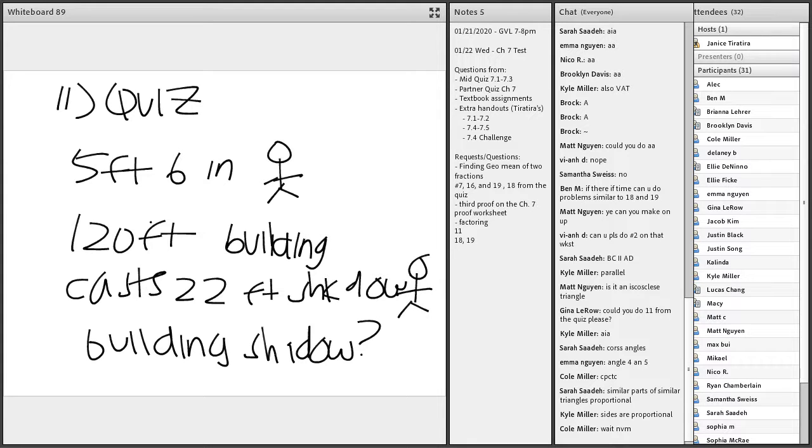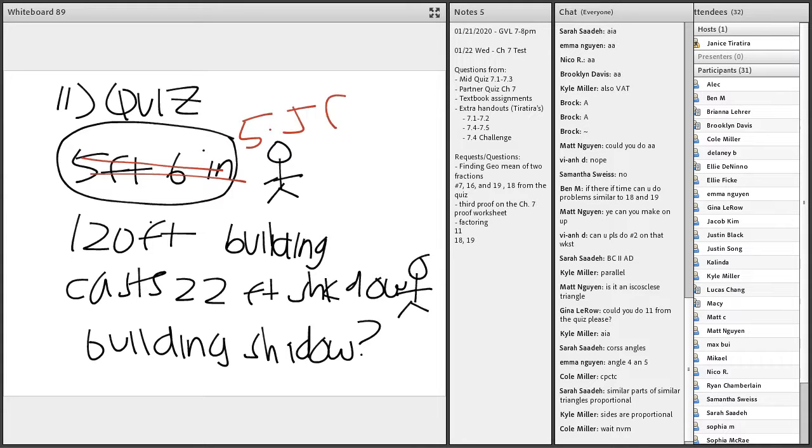Okay, so first, this one is kind of bad right here because it's in two separate units. So you could just convert this entire thing to 5.5 feet because 6 inches is half a foot. So you could do 5.5 feet. Or you have options to convert everything into inches.